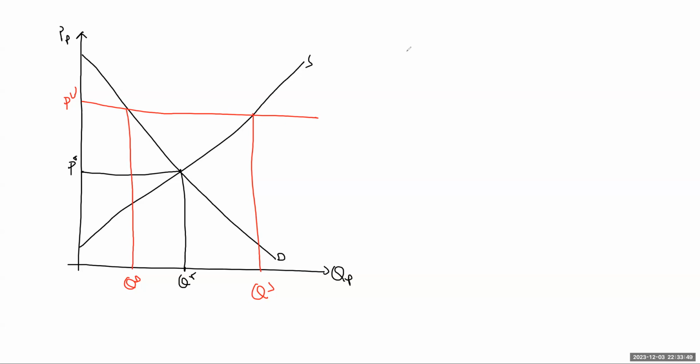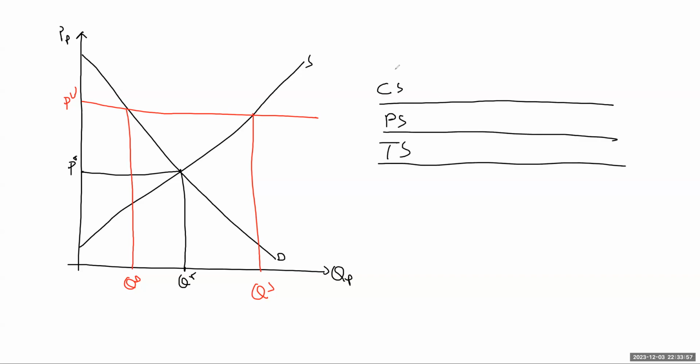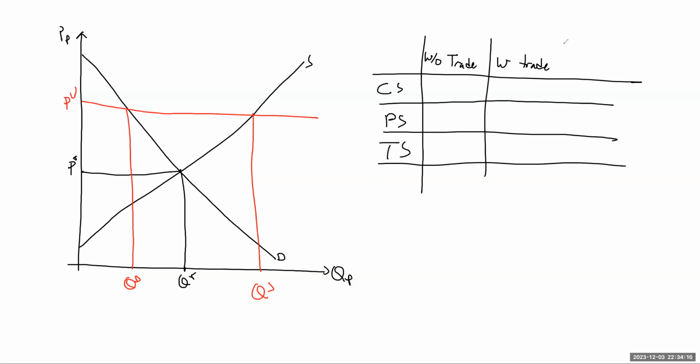Okay. And now what I'm going to do is make a table. To the right, you have consumer surplus, producer surplus, total surplus. We have before, we'll call this without trade, with trade, and change.